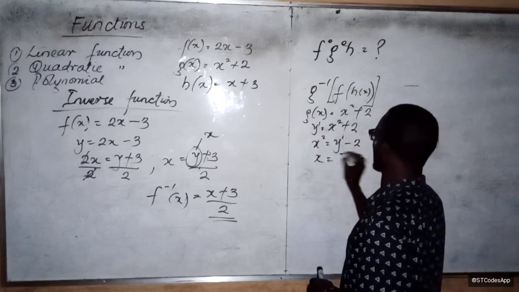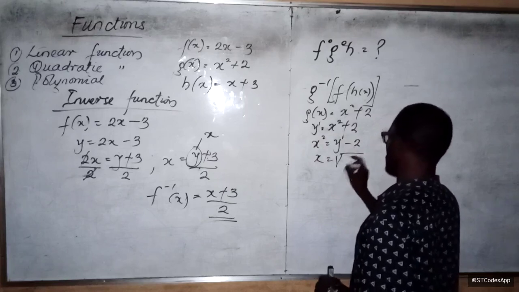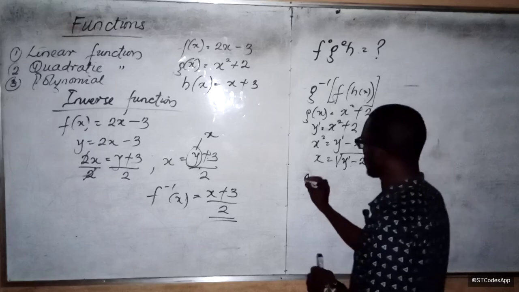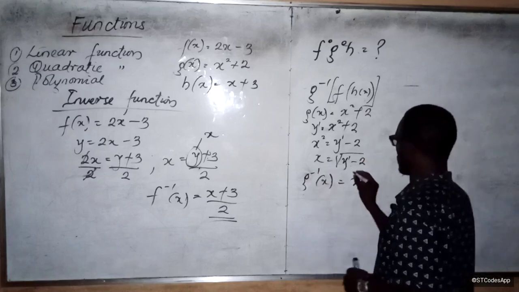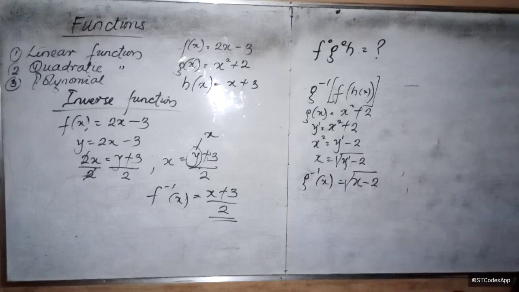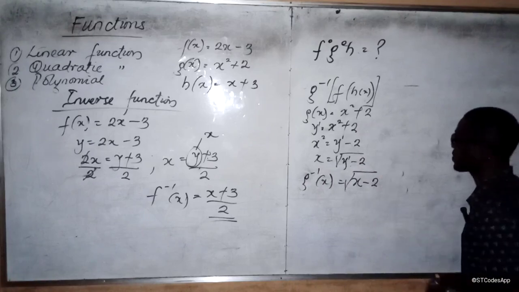So x will be equal to the square root of y prime minus 2. So in order to make it our inverse function, g inverse of x will now be equal to, we change this to x, square root of x minus 2. All right. So how do we now resolve this?